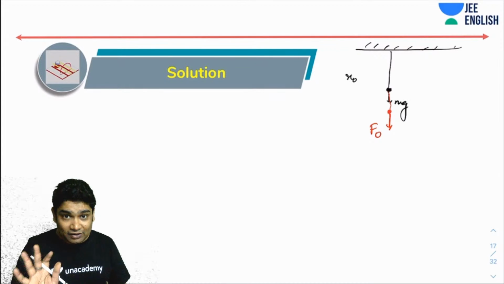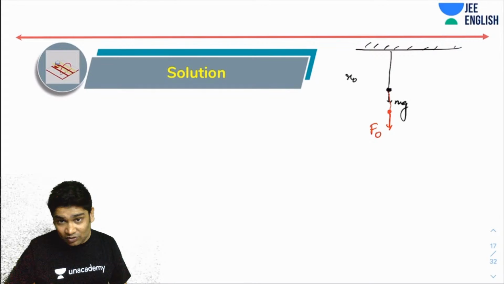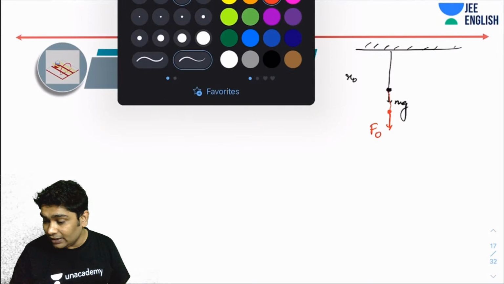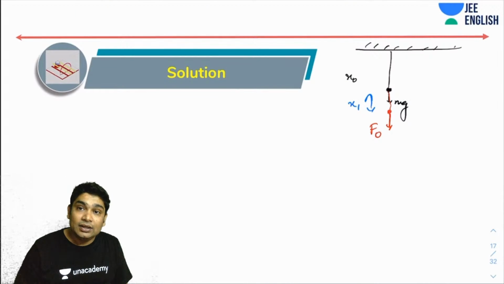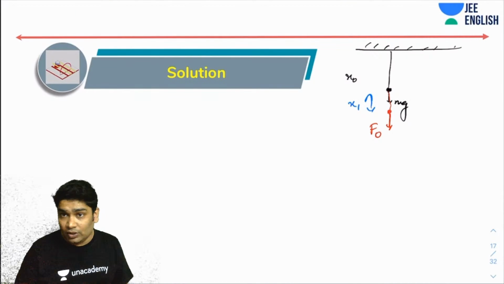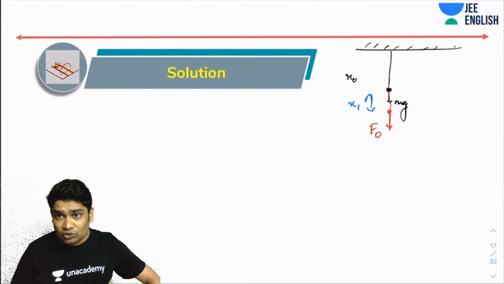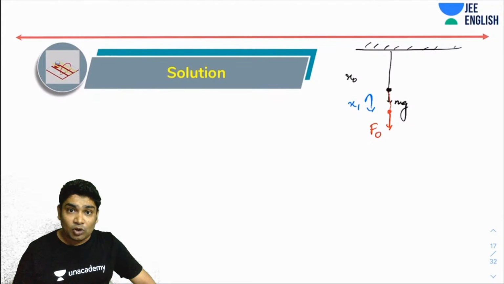Sorry, it will remain in equilibrium at all times, by the way, because it is being moved slowly. When the extension becomes, let's say, some x1, I am assuming it got stretched by x1 again, then the force has become F naught. Okay, so I can say since for the entire journey it was being moved slowly, the equilibrium should always be maintained.